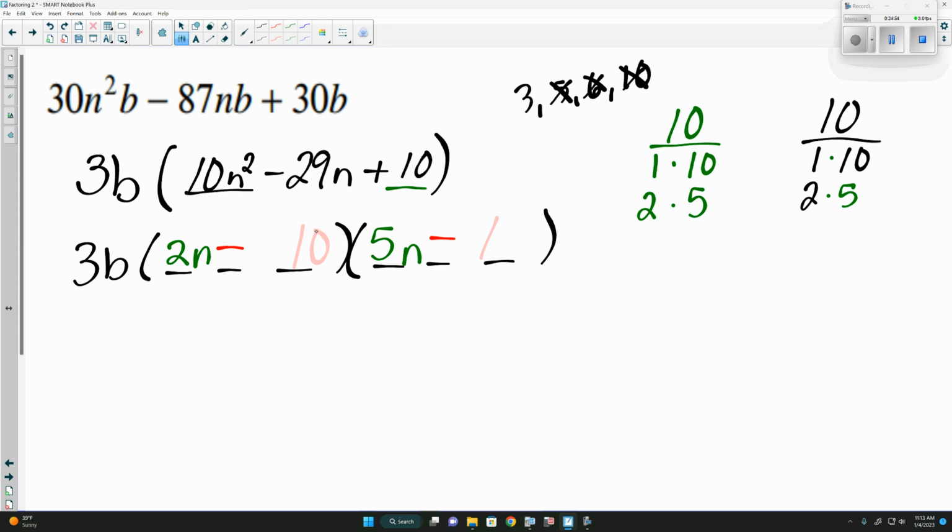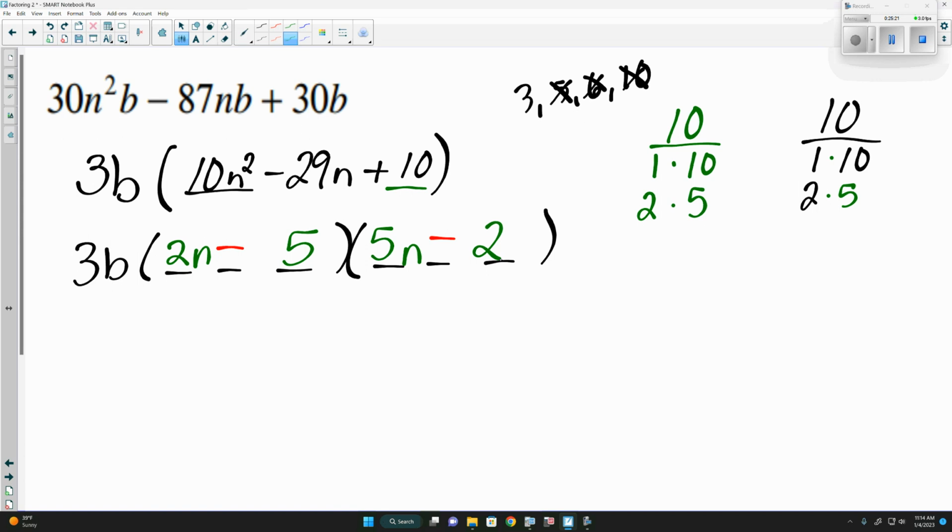If I switch it, 2n and 10 have a greatest common factor of 2. So we can use 2 and 5 also, yes? But I can't put the 2's together and I can't put the 5's together. So the only way that would work is if we had it this way here, yes?